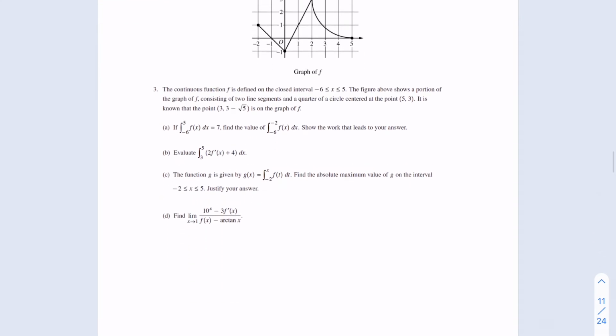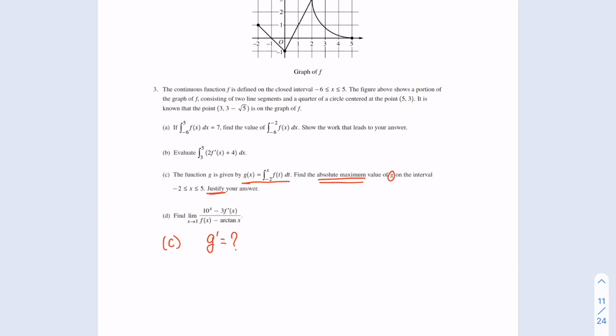Part C: the function g is given by the integral from -2 to x of f(t) dt. Find the absolute max of g on the interval from -2 to 5 and justify your answer. So we need to take the derivative. G prime equals what?